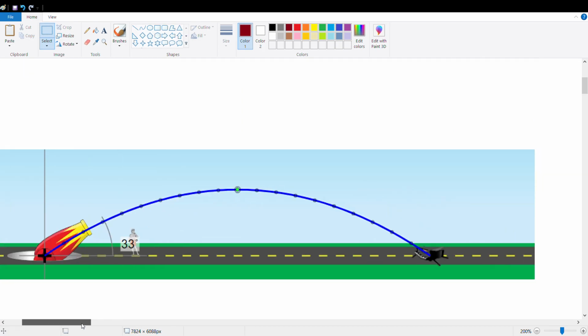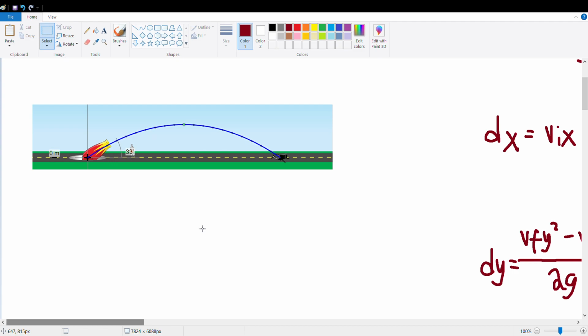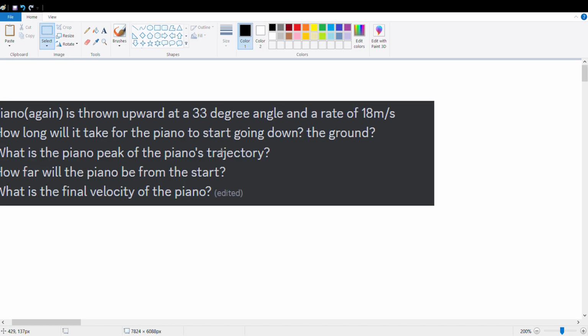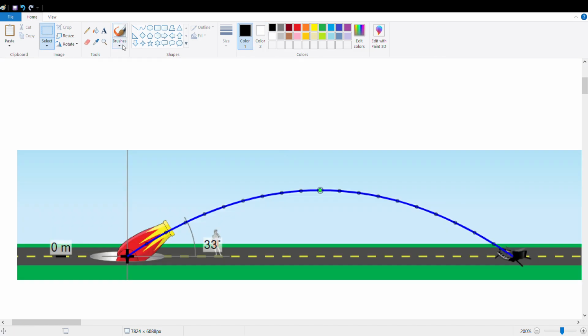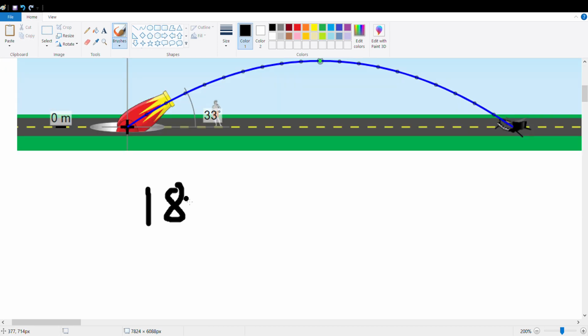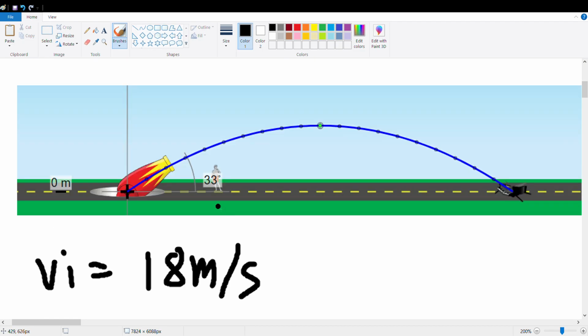This is important. As you can see, we have a 33-degree angle and the initial velocity is 18 meters per second. First of all, we know we're dealing with the y-axis and the x-axis because it is going up and going down again.